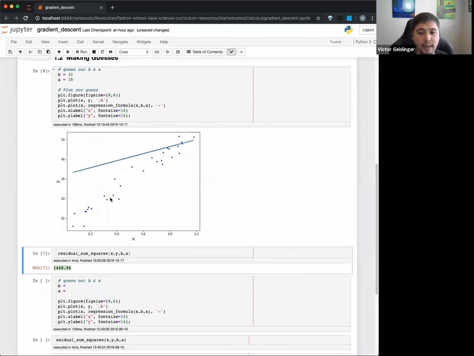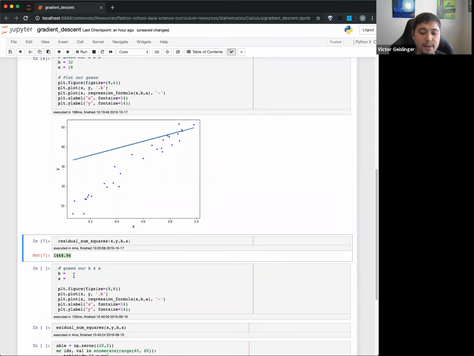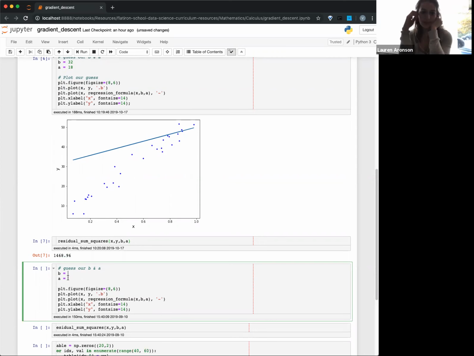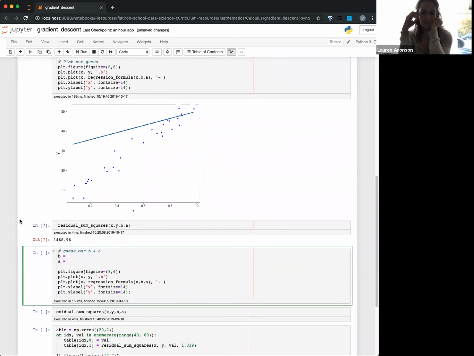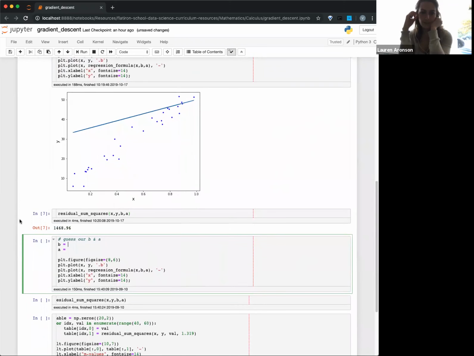Looking at the next part, what would be your next guess for B and A? I would go lower, so maybe instead of 32, maybe like 10. Yeah, 10, right?